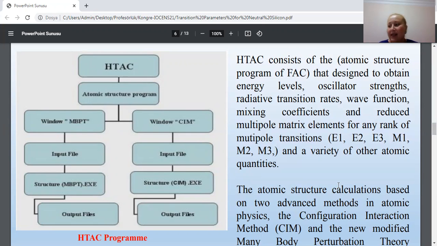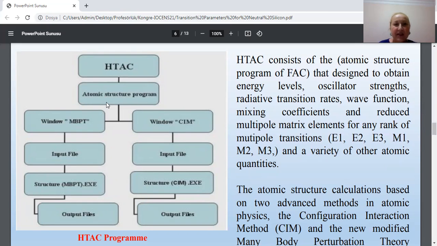To find these results, to understand transition probabilities and also transition parameters like oscillator strengths, we have to use atomic programs. This is one of the atomic structure programs, HDAC, which is the short name. In the reference, you can find this program.